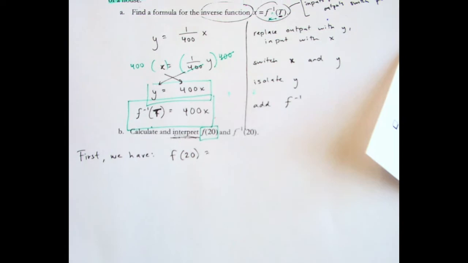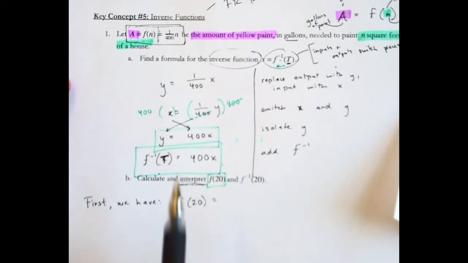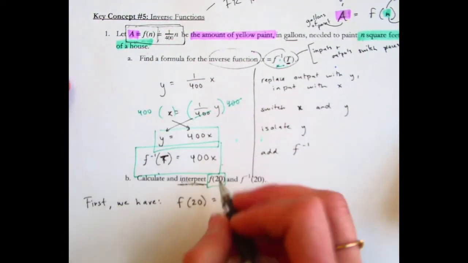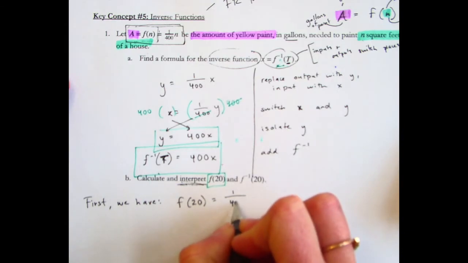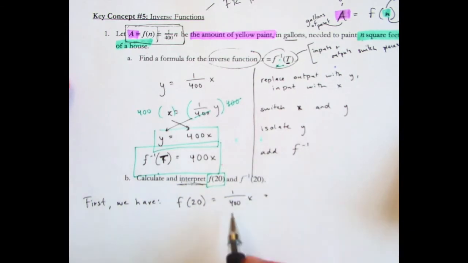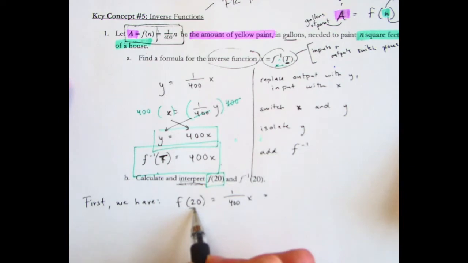So I can actually just go back up to the equation I was given in the problem, which is 1 over 400x, and all I'm going to do is just plug in 20 for x.